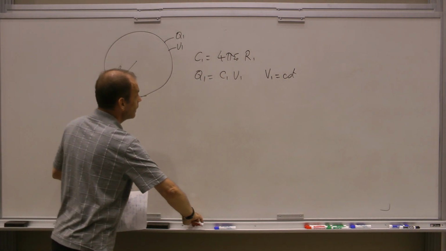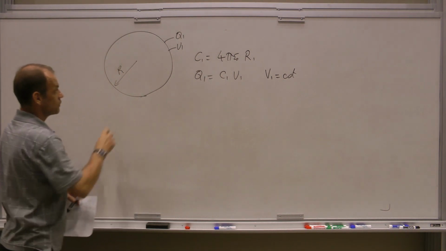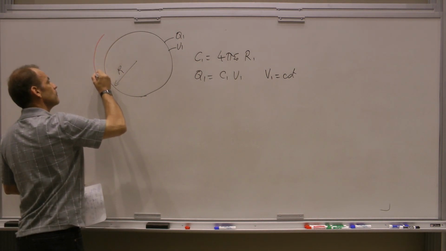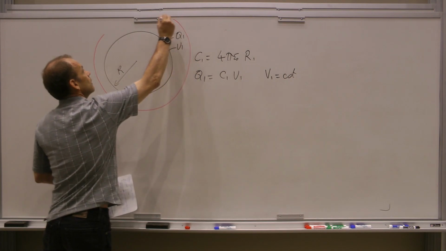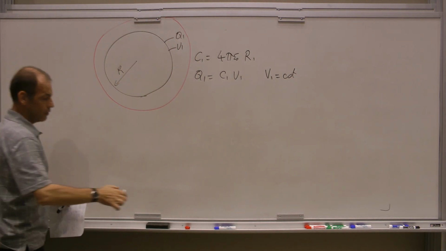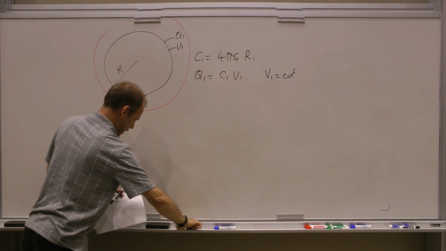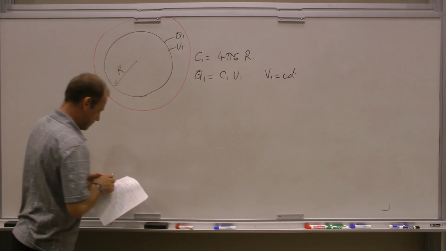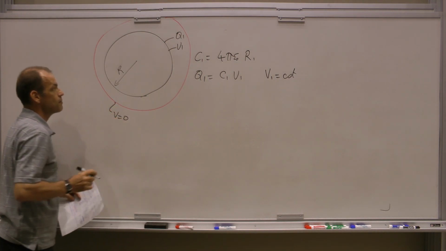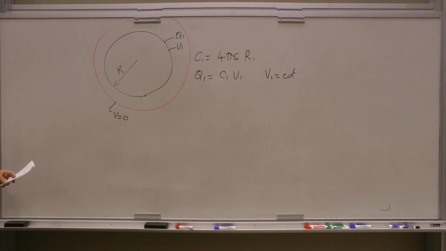And then around this sphere, I'm adding another shell. So now I'm forming the spherical capacitor that we had earlier. And I'm holding this shell at a certain potential V equals 0. So I'm putting myself back in the same conditions that I had earlier.